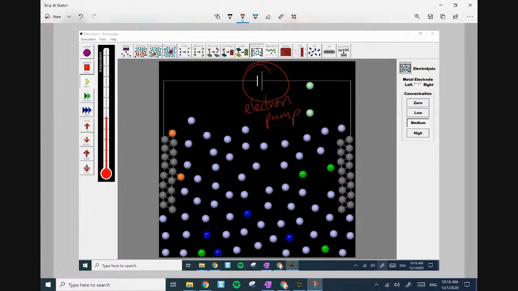That's all it's doing. We rip the electrons off the negatives, the pump pumps them around the circuit and drops them back off when a positive ion gets there. Oh, okay, makes sense. Cool. It's just an electron pump. That's what a power pack or a battery is.